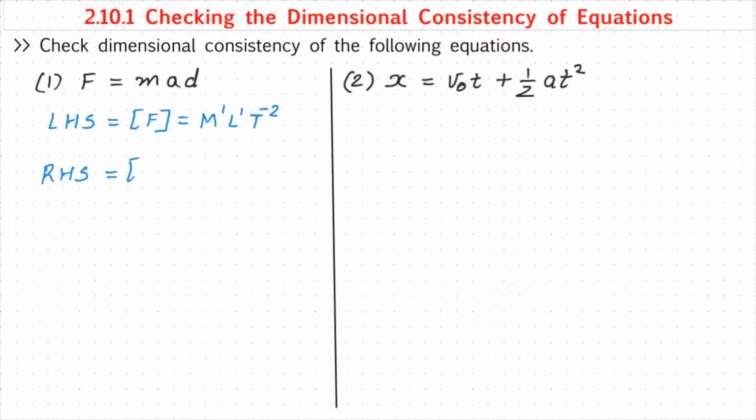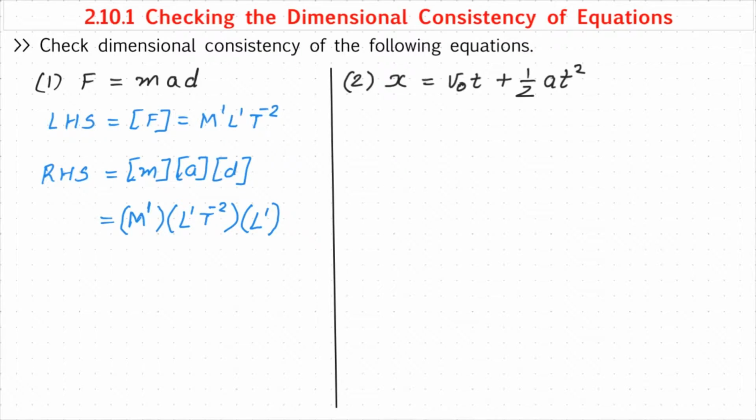On the right hand side we have to take the dimensional formula of mass, of acceleration and of displacement. For mass it is M1, for acceleration it is L1 T minus 2, and for displacement it is L1.